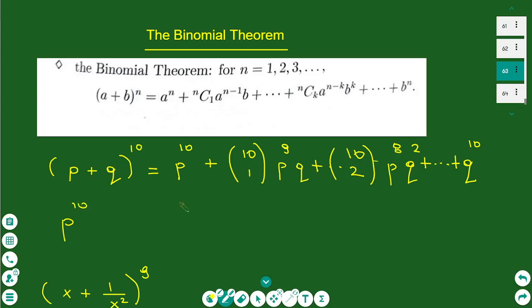You can also use the calculator to find C(10, 1), or you can use the formula we already did before.